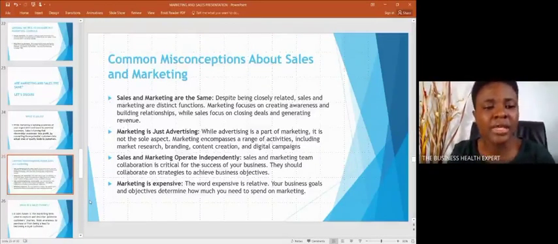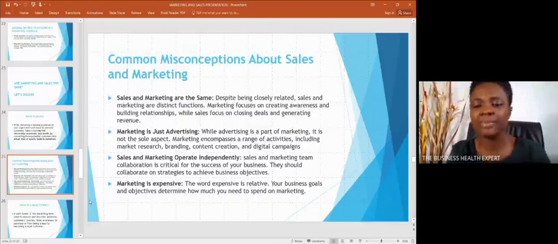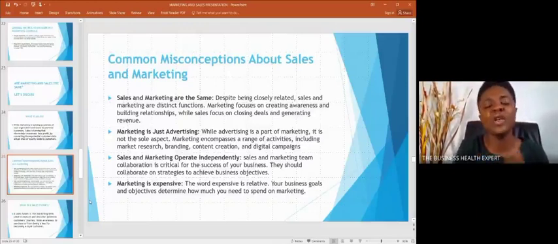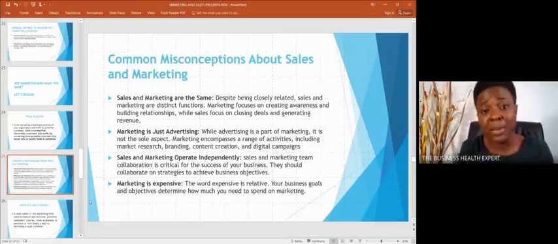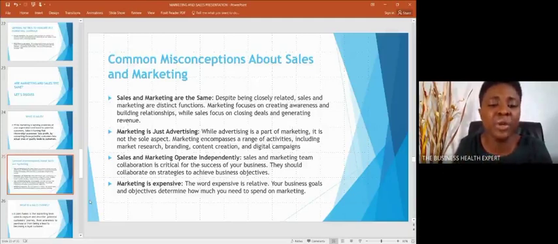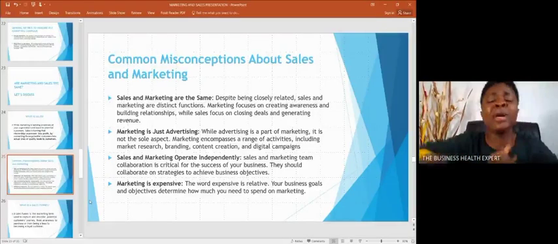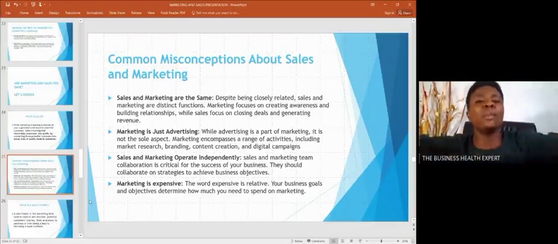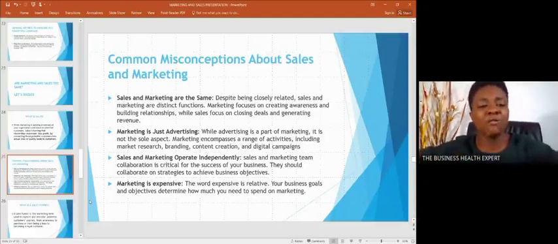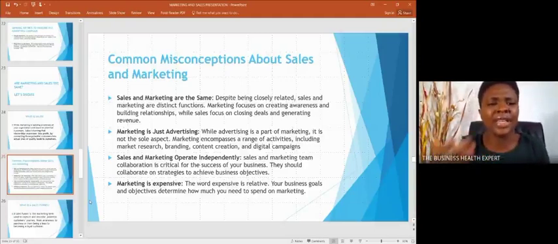Another misconception is that sales and marketing operate independently. As much as sales and marketing are not the same, they can't function without one another. They are like, let me use bread and butter. Well, maybe some persons can take bread without butter, I don't know, but let me make the best of the illustration. For you to get the best revenue in your business, your sales and marketing teams must work hand in hand. Imagine the marketing team going out there talking about your product and services and the benefits it has to offer, and your sales team is not doing their work.